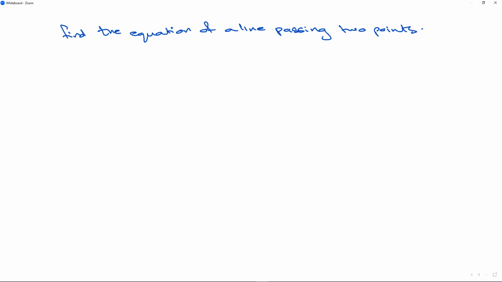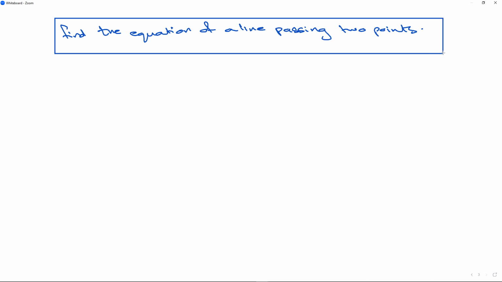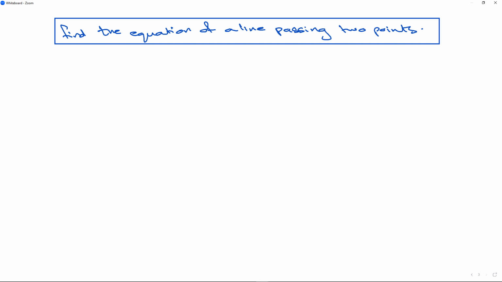So if you want to find the equation of a line passing 2 points, we can use the formula y minus y1 equals m(x minus x1), where m is your gradient and there's a point x1, y1, which you have. All right, so let's look at an example of a question like this.